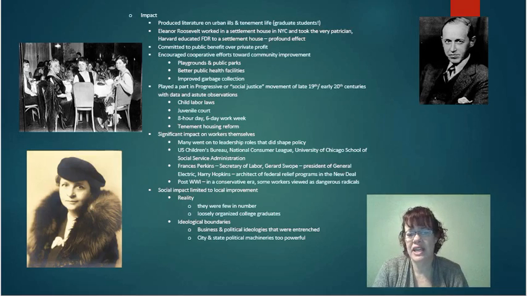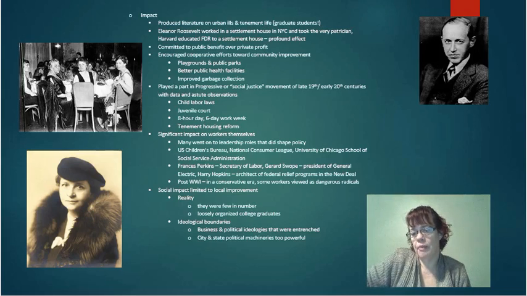There continue to be ideological boundaries. Business and political ideologies were very entrenched, and this kind of flew in the face of several of them. And city and state political machines were very powerful. So we're still looking at the end of the 19th century and the early 20th century, which, as I mentioned, is the Gilded Age, which really means that local politics were extremely strong and extremely powerful.